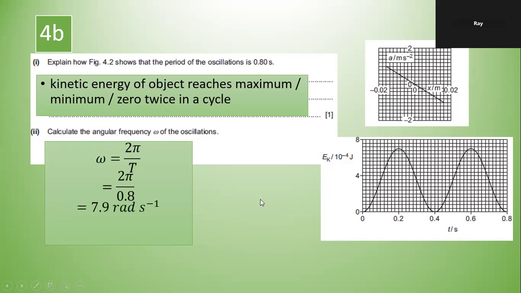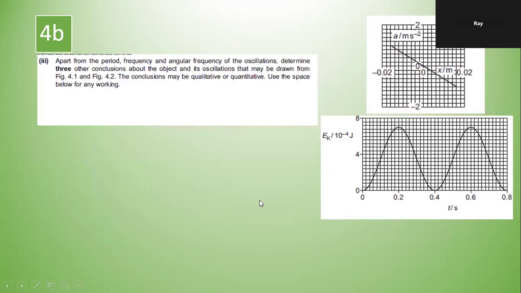Apart from period, frequency and angular frequency of the oscillation, determine three other conclusions about the object and its oscillation that may be drawn from 4.1 and 4.2. The conclusion may be qualitative or quantitative. Use the space below for any working.